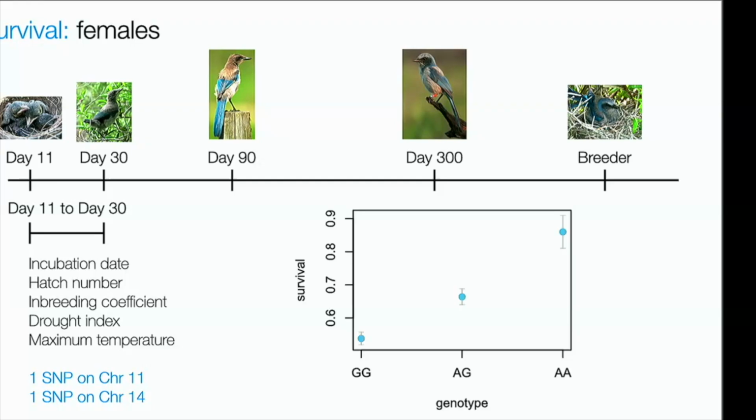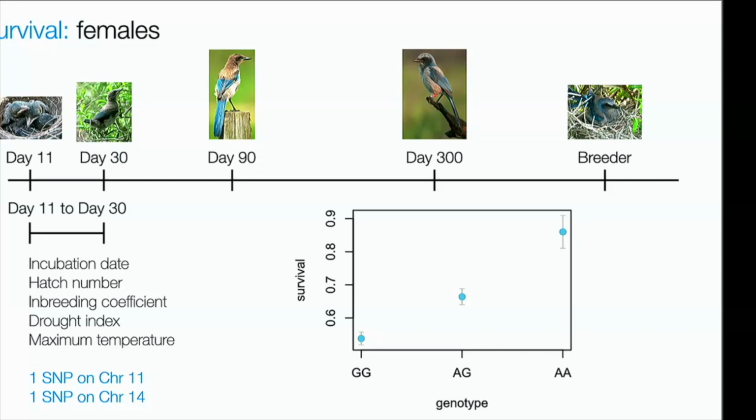It was a surprisingly large effect. I realize our effect size estimates might be slightly inflated because of the Beavis effect, but still, if you look at predicted survival of females of the 3 genotypes for one of these SNPs, you can see a difference in survival of like 30%. So there's clearly some genetic component to survival in females in our population.